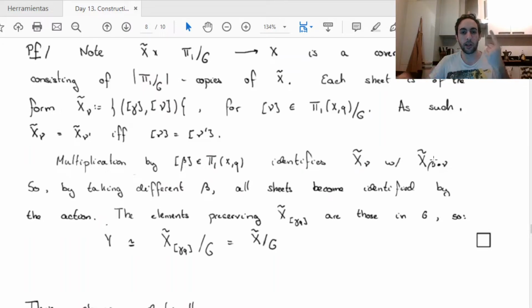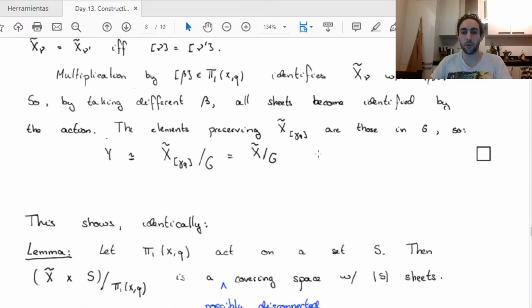So I can just work on a single sheet. So let's take just the sheet of the constant loop. And now I just have to look at what the quotient does on this. And the elements beta that do not move this sheet are exactly those in G, by definition. So that tells me that I'm back to the original situation where I have a single copy of X tilde and I'm quotienting it out by G. So this is Y again.